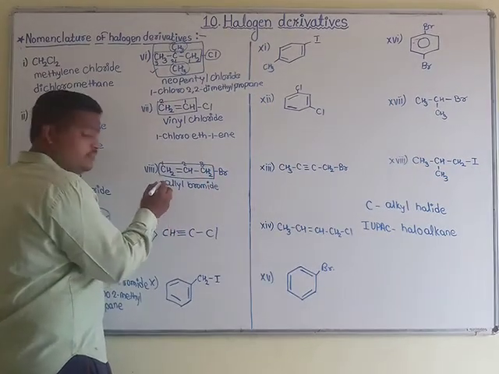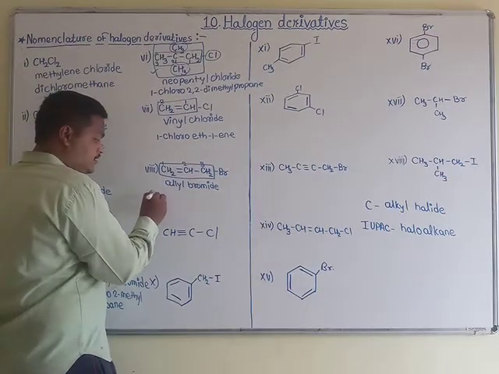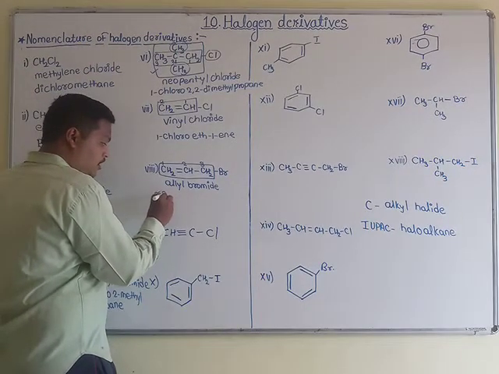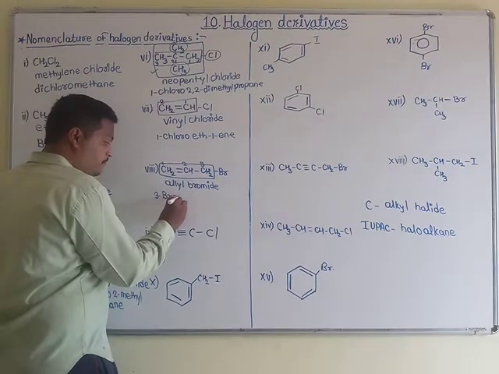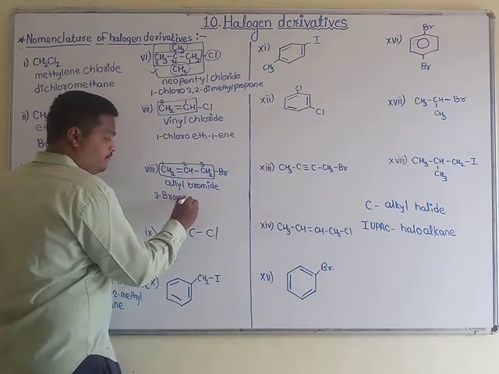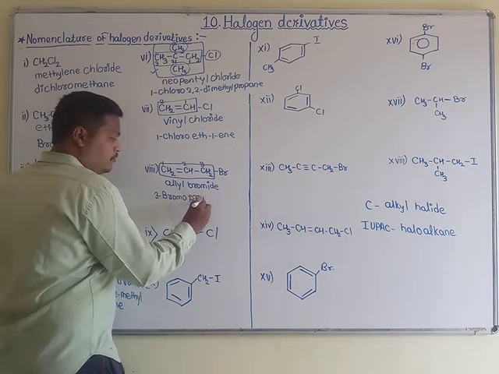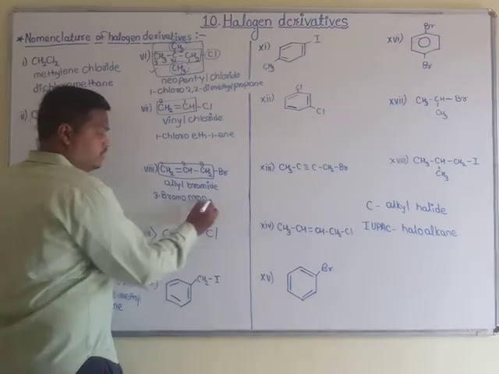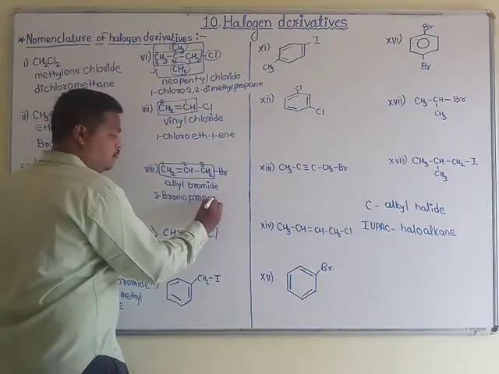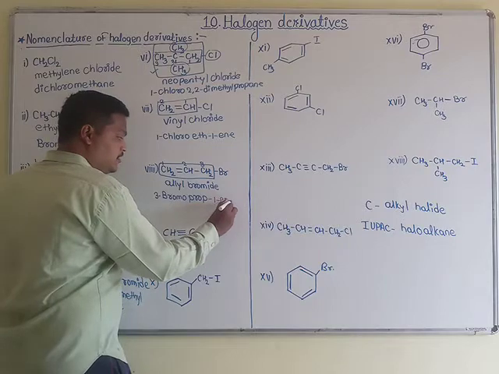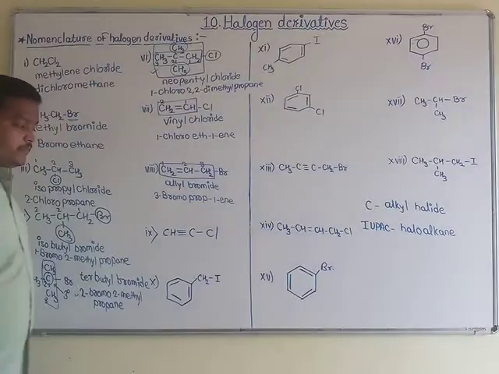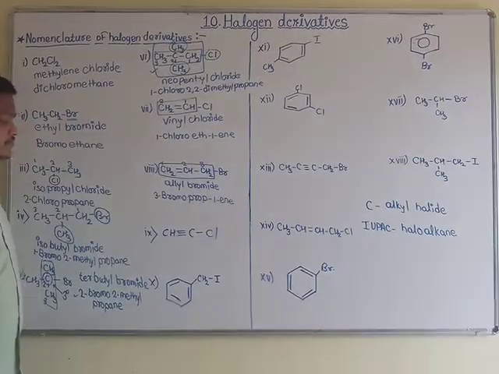Yes. Then its name is 3-bromo prop. Here a double bond is present, therefore 1-ene. Okay. So the next compound.